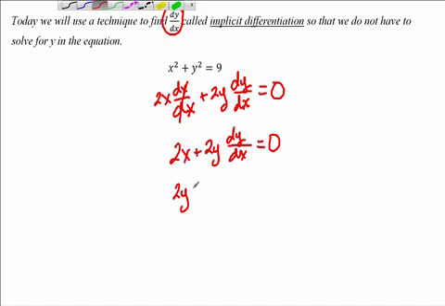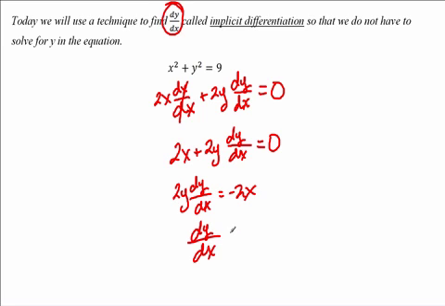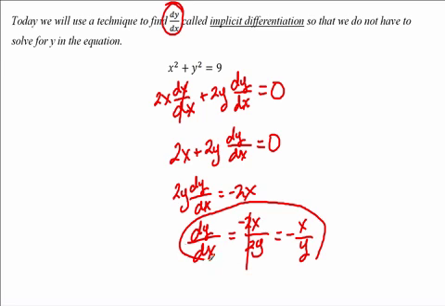So 2y dy/dx is equal to negative 2x. Then of course divide both sides and you get dy/dx is equal to negative 2x over 2y. Those cancel out, so it's actually equal to negative x over y. Now we want to remember that for the next question.